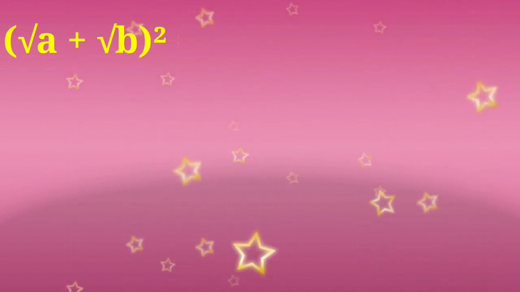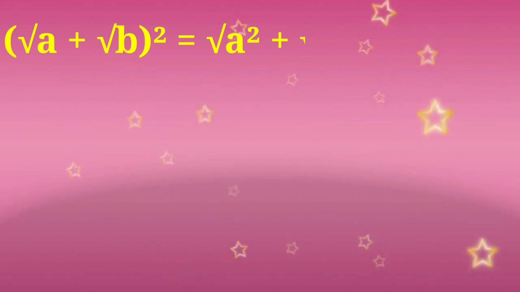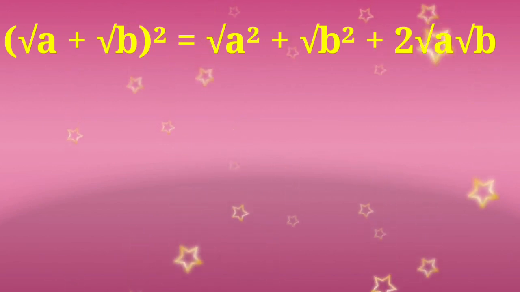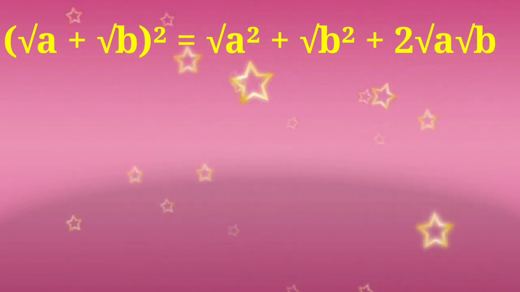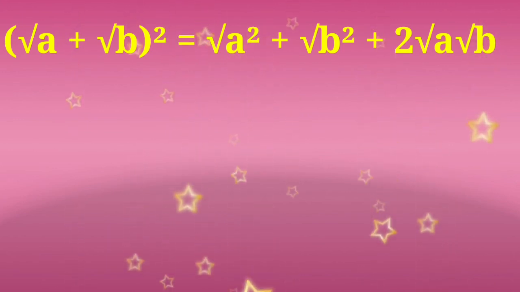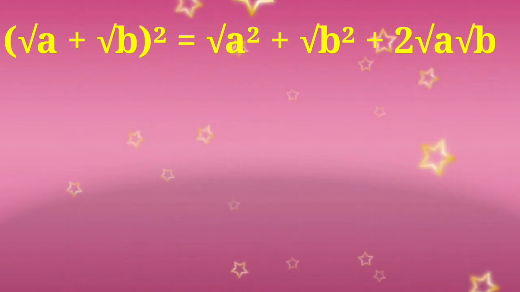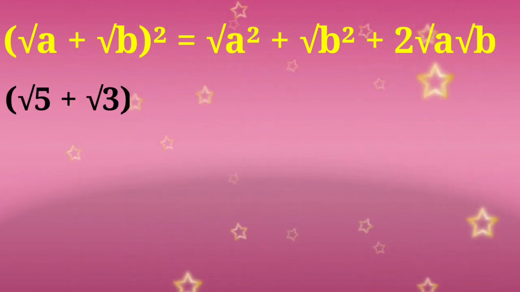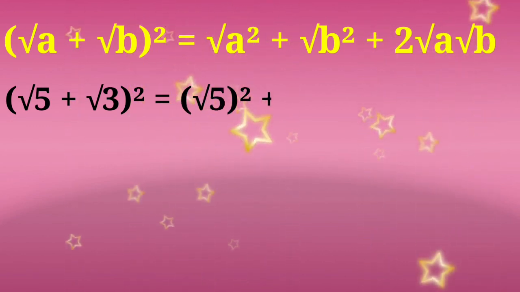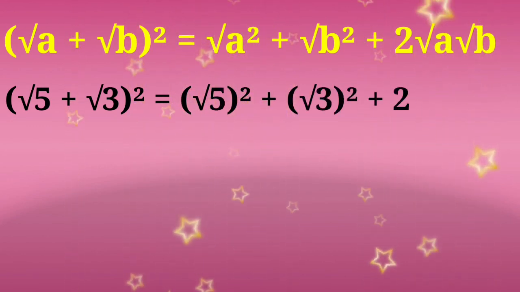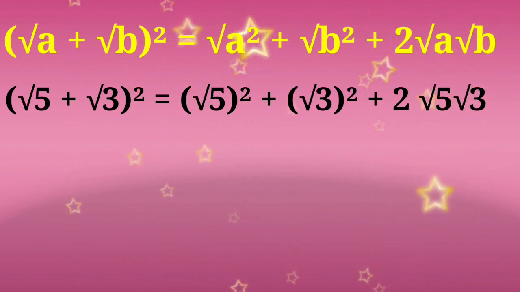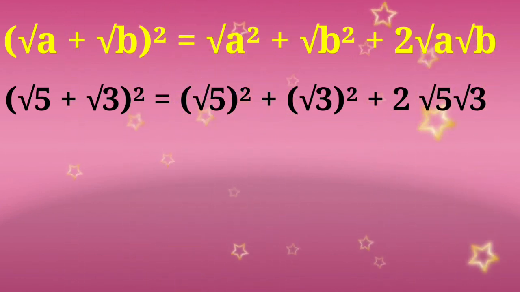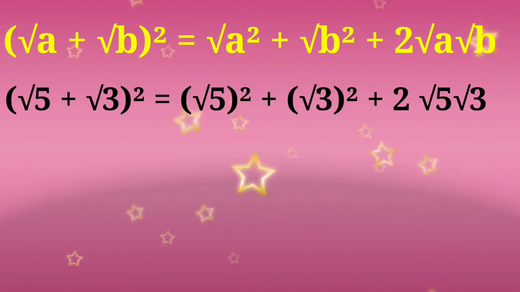Then (root a + root b)², which is like (a + b)², we get (root a)² + (root b)² + 2 root a root b. Here also, substituting a = 5 and b = 3, then (root 5 + root 3)² is equal to (root 5)² + (root 3)² + 2 into root 5 into root 3.